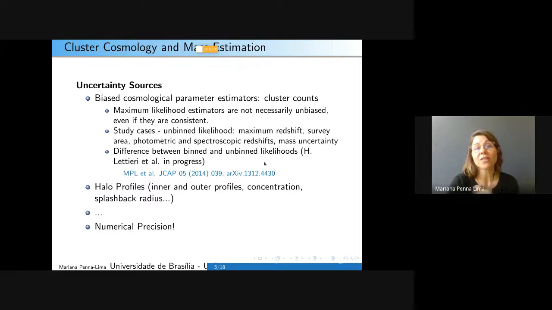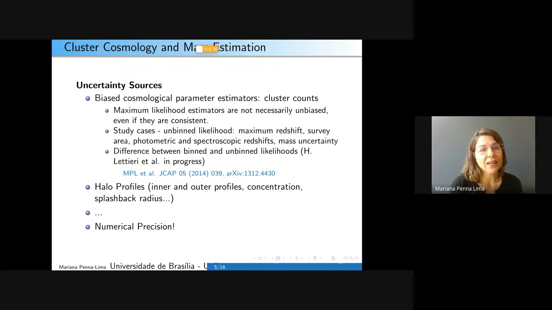So we performed different studies and analyses, and we observed that in some cases the bias can be relevant, of the order of about 50% of the size of the error bar. But when we combine cluster counts with other probes, let's say with CMB, the bias tends to 0.